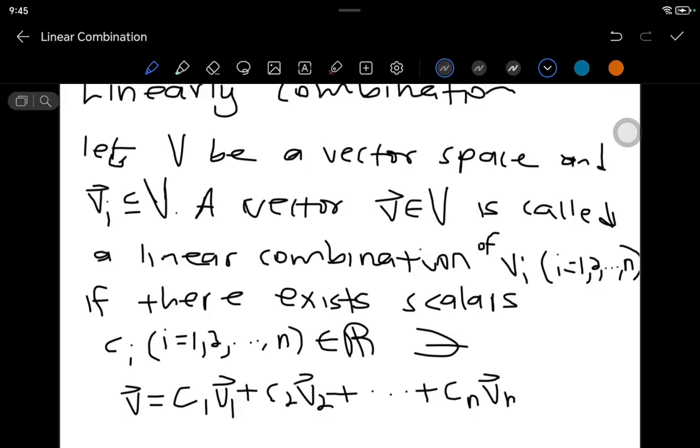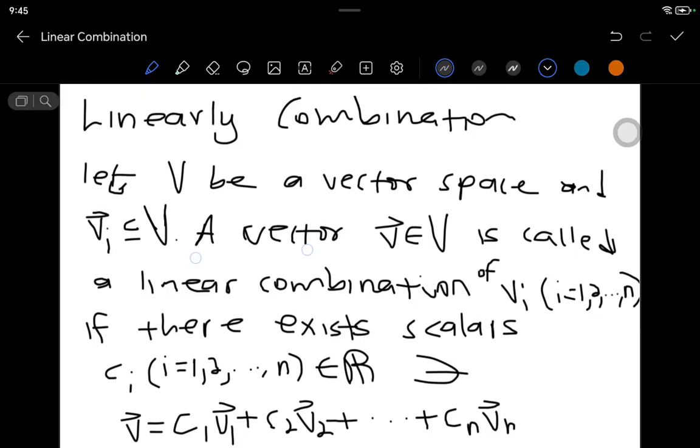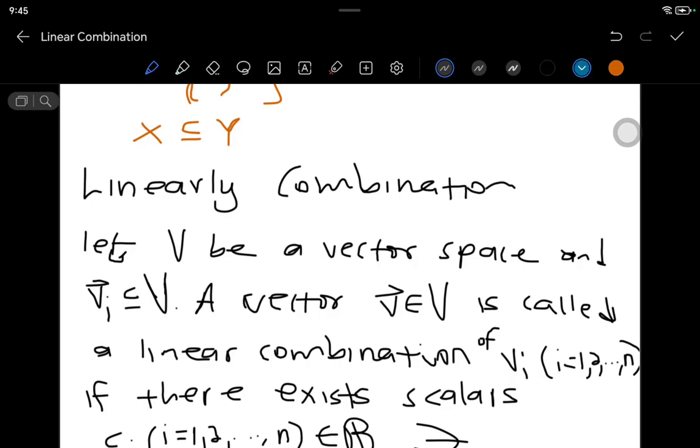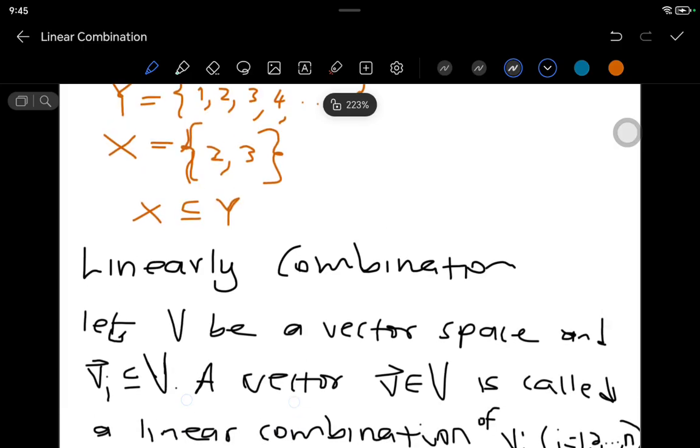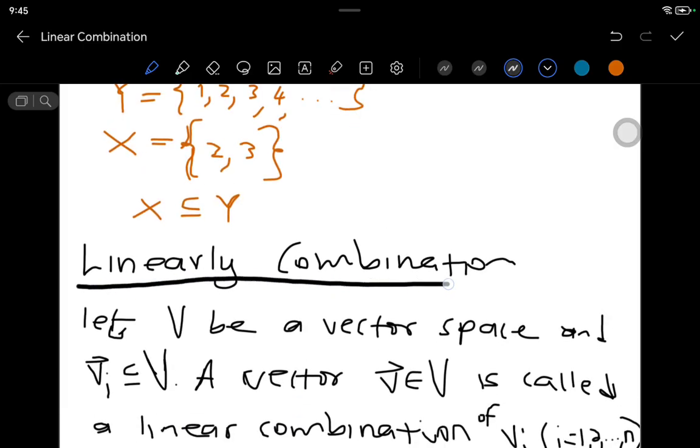So this is called a linear combination if it can be expressed in this manner.